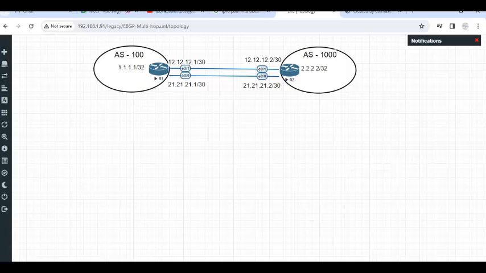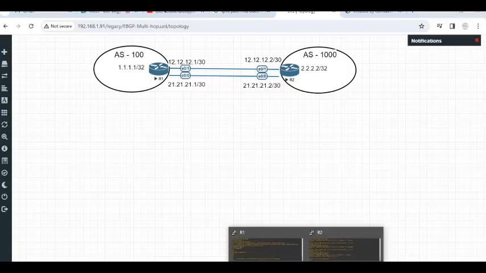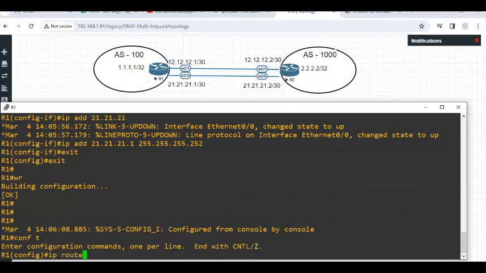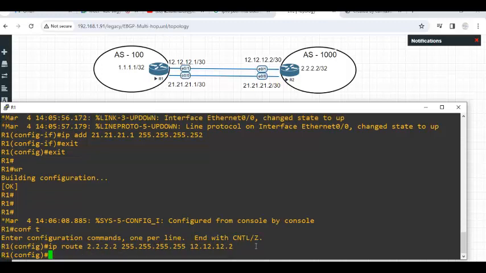IP route 2.2.2.2 255.255.255.255, go to 12.12.12.2. IP route again 2.2.2.2, go to 21.21.21.2.